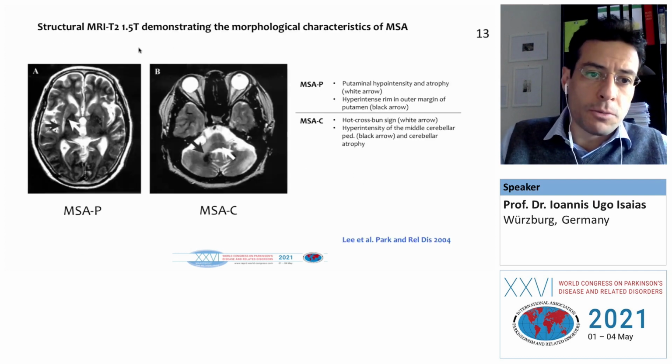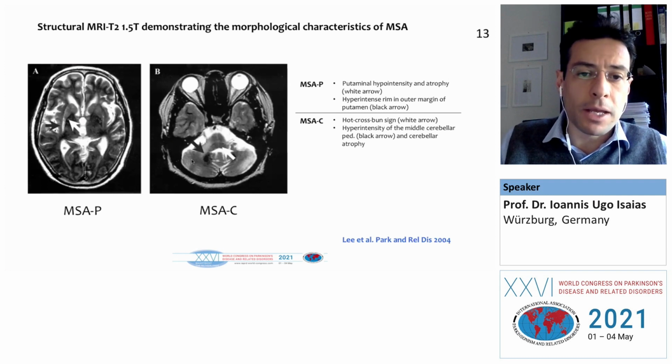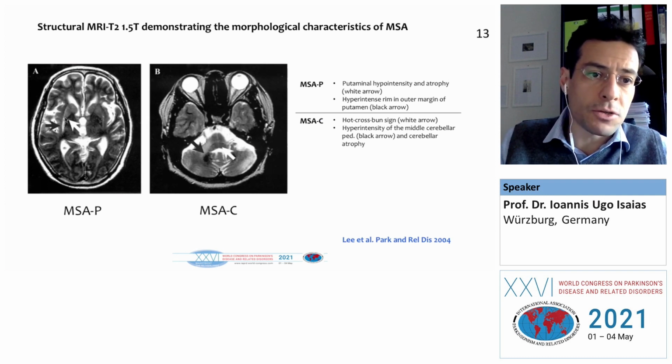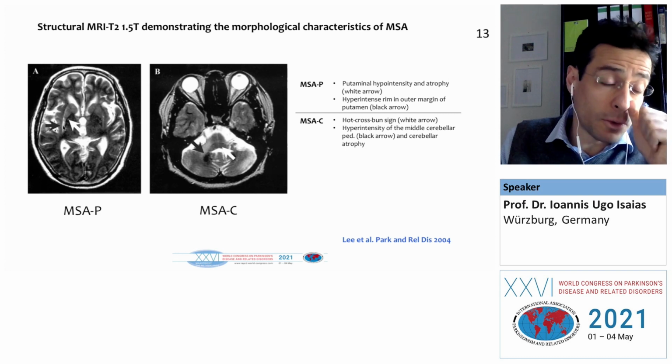With regards to multisystem atrophy, we have already discussed the reduction in putaminal glucose uptake. This matches quite well with MRI findings, also at 1.5 Tesla. These are MRI findings, T2 images.